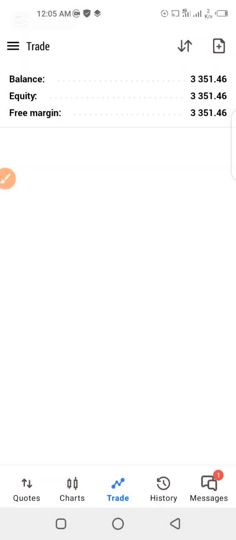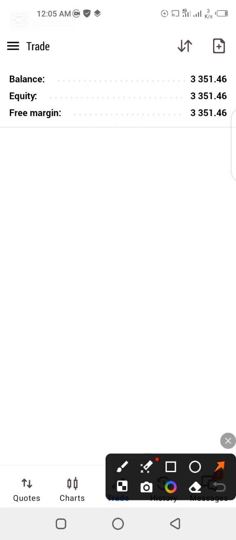So this is how to navigate the MT5. Let's say you want to enter a trade. You just have to click here, that's where you head over to place your order.